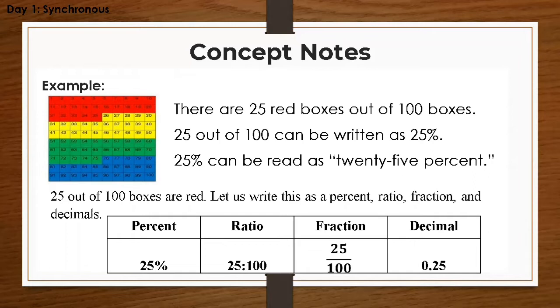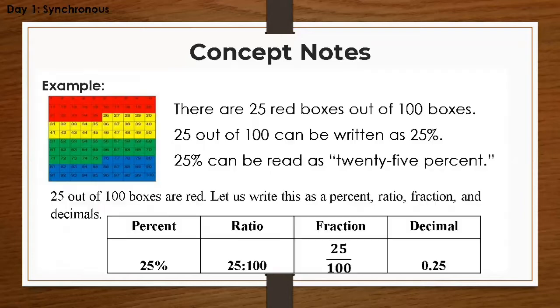So let us write this one muna into our how do we get the percentage. Okay, so in getting the percentage, we only use these three: the fraction, the decimal, and the last is the percentage, since we are going to get the percentage. Ngayon, titignan natin how do we get this 25% if we have the given na 25 out of 100.